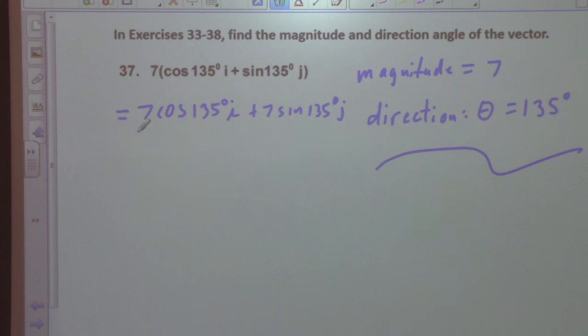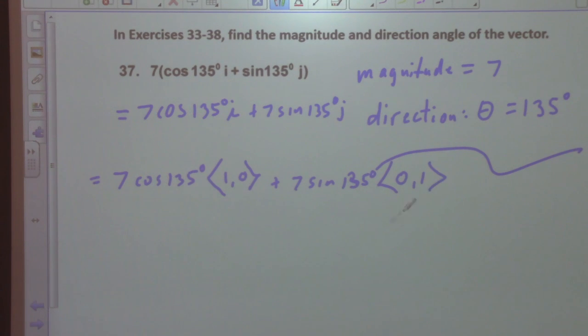And so that's going to be equal to 7 cosine 135 degrees times i, which is 1, 0, plus 7 sine 135 degrees times 0, 1.